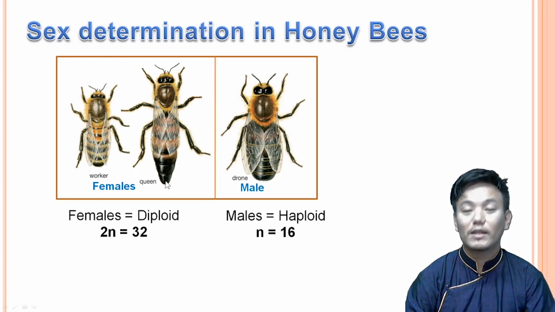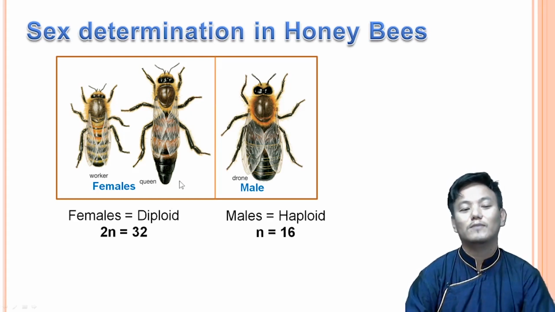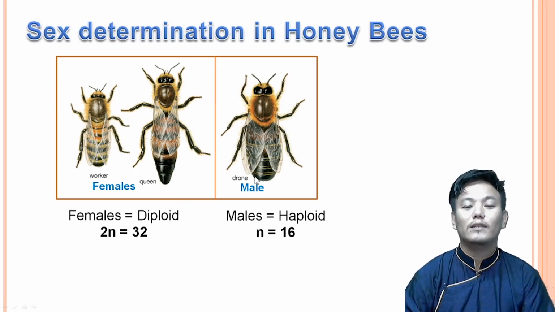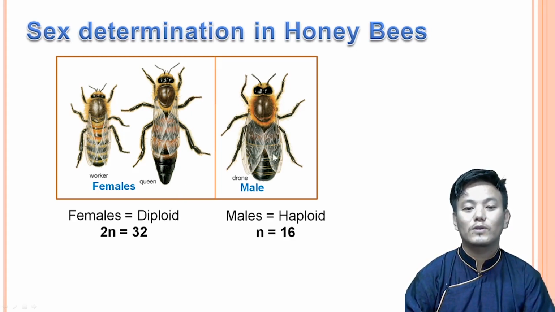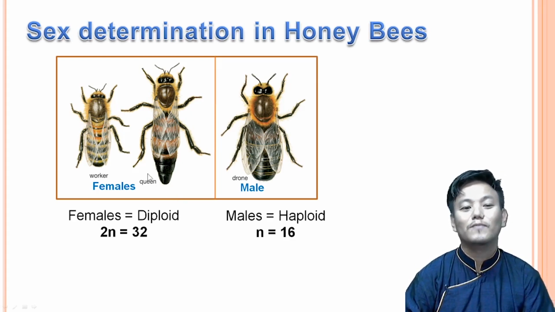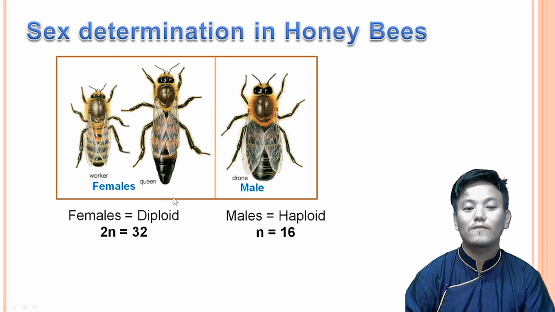So through parthenogenesis, I want you to remember that term as well. The males, or drones, of honeybees are produced by parthenogenesis. Parthenogenesis means the unfertilized eggs of the queen will develop into males. So there is no contribution from the father in formation of a male honeybee.